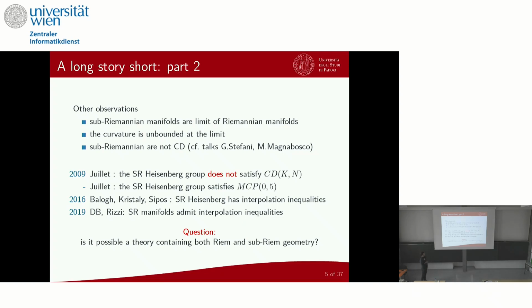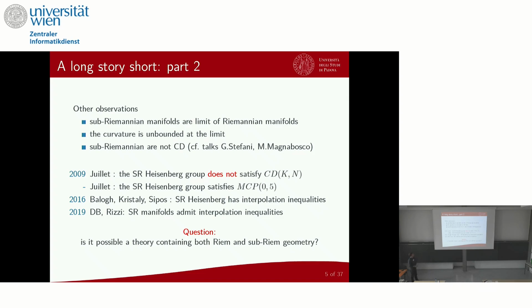And actually, but I will not spoil the talks of Giorgio Stefani and also the related talk in the sub-Finsler case by Matteo Magnabosco, sub-Riemannian manifolds never satisfy the CD condition. The starting point of this was in 2009, when Nicolas Juillet proved that the sub-Riemannian Heisenberg group does not satisfy any classical CD(K,N), even if he proved that it satisfies some measure contraction property.